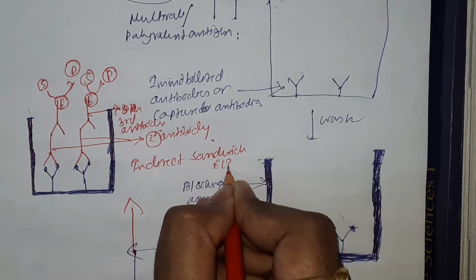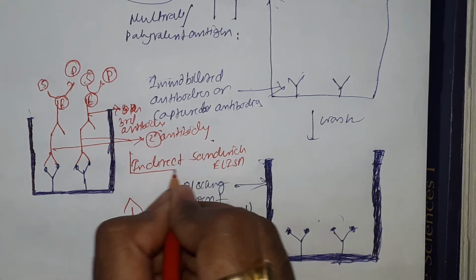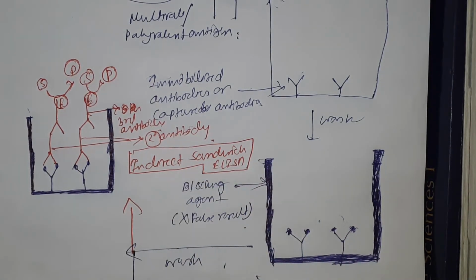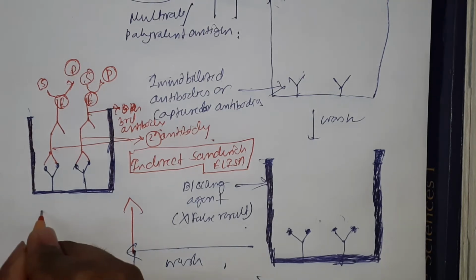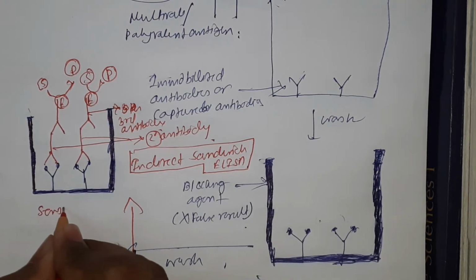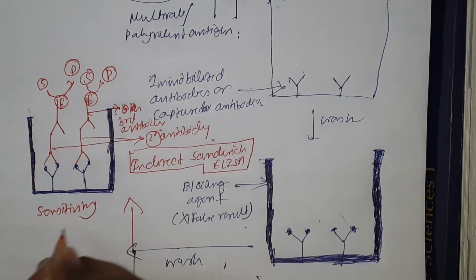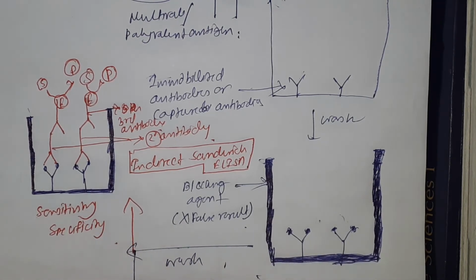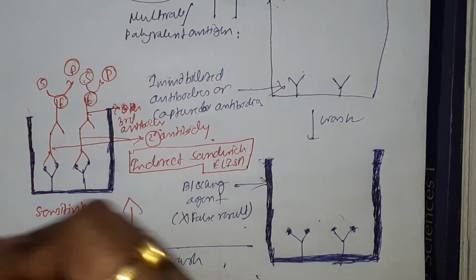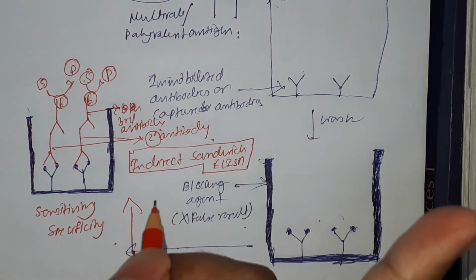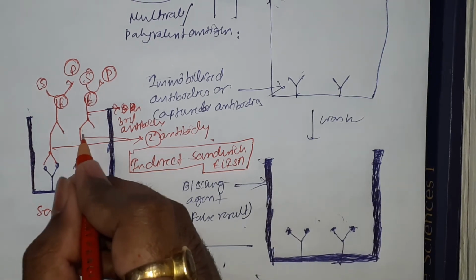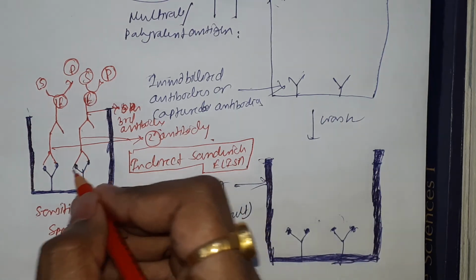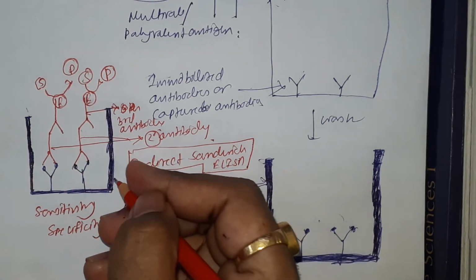So what is the utility of indirect sandwich ELISA, and what is the difference between direct and indirect sandwich ELISA? Indirect sandwich ELISA, along with specificity, also ensures sensitivity. As I told you, a disadvantage of direct ELISA is that an enzyme linked antibody will interact with the antigen with lower affinity.